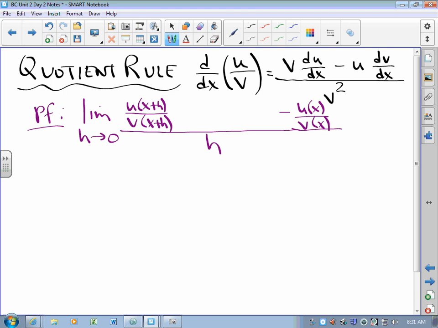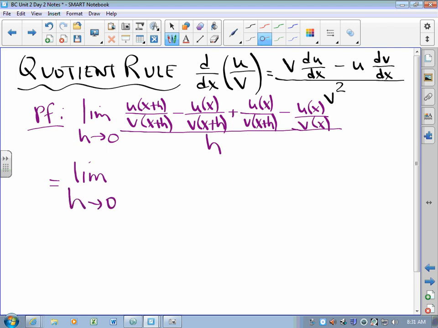So we end up working it out in a similar way to what we did with the product rule. We are going to subtract and add the same quantity, and that quantity is u of x over v of x plus h. In doing so, we have not changed the value of anything, which is very useful. We haven't changed the value of anything, but we do have something we can use now.